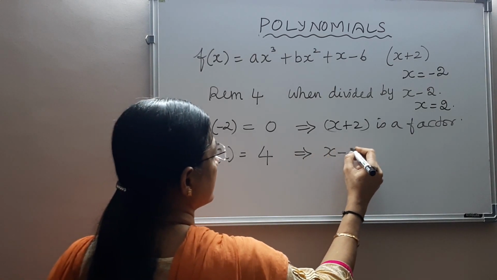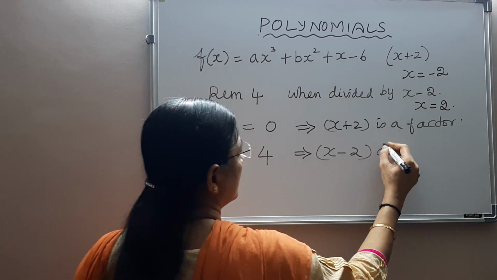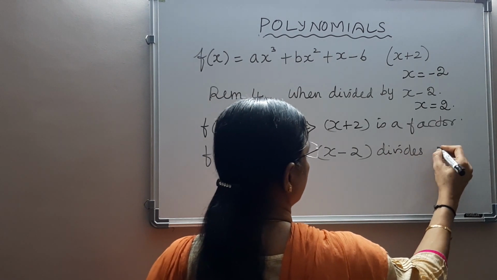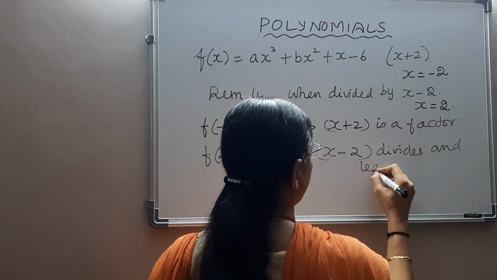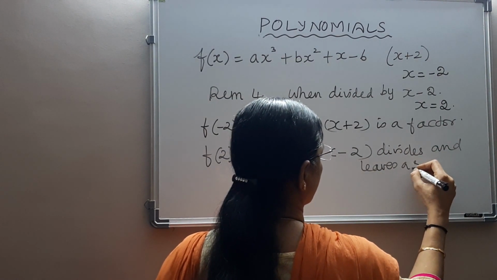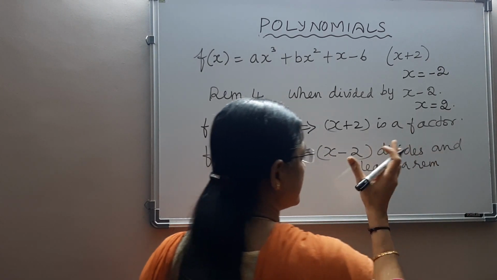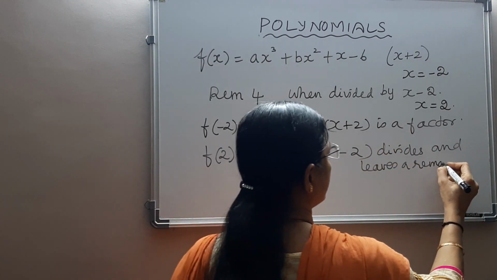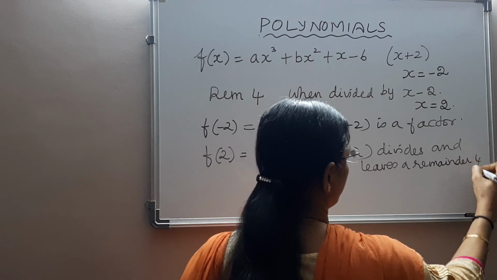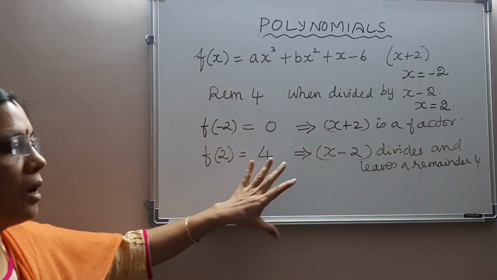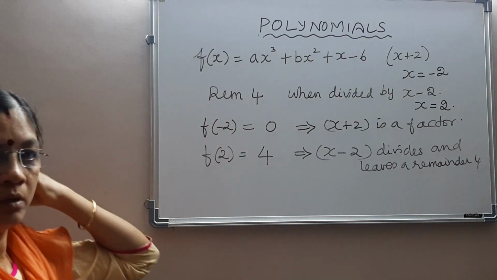It implies that x minus 2 divides and leaves a remainder 4. That is, it doesn't divide perfectly. So it divides and it leaves a remainder 4. Do you understand? So this is how we proceed with the given statements.